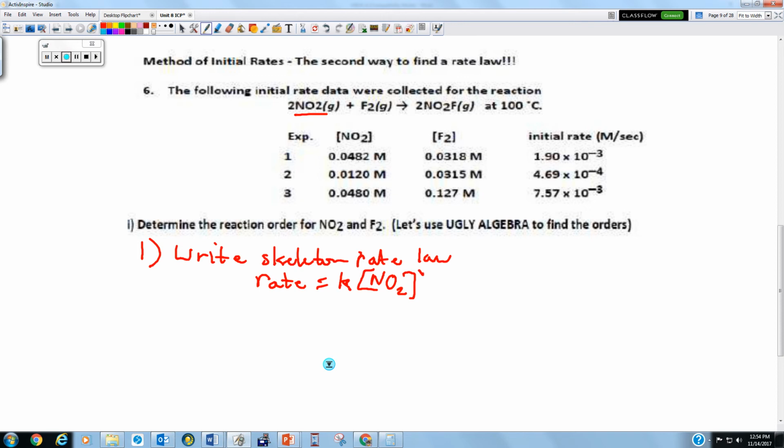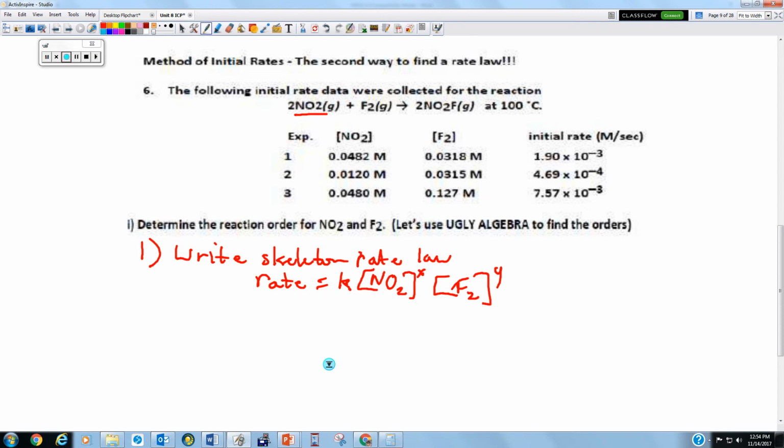Okay, it's going to be the concentration of NO2 to the Xth order times the concentration of F2 to the Y order. So we are going to use this data to solve for X and Y.